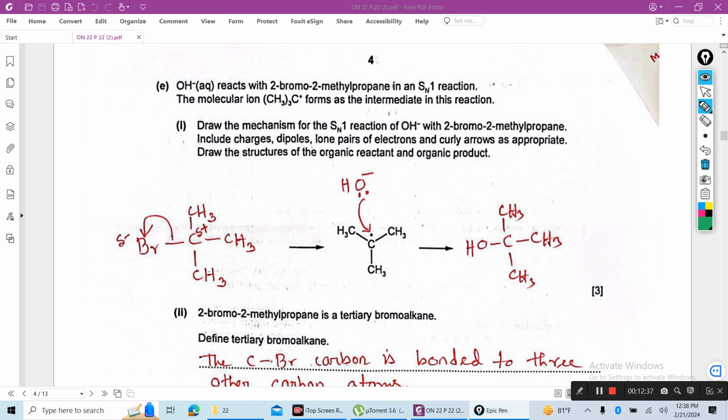So now, draw the mechanism for the SN1 reaction of hydroxide ion with 2-bromo-2-methyl propane. You see, first the electron goes to the bromine atom because bromine is more electronegative. So carbon becomes partially positive, bromine becomes partially negative.